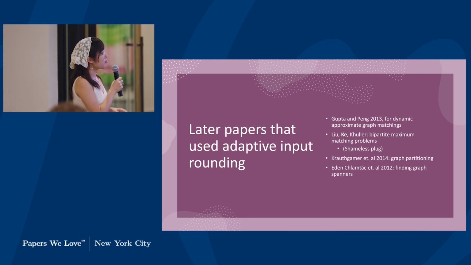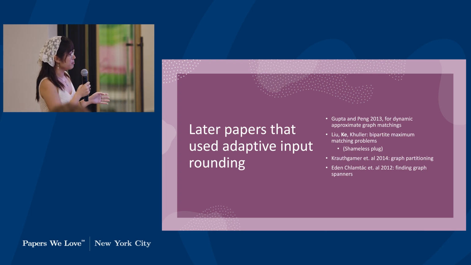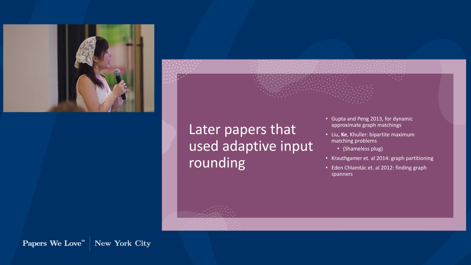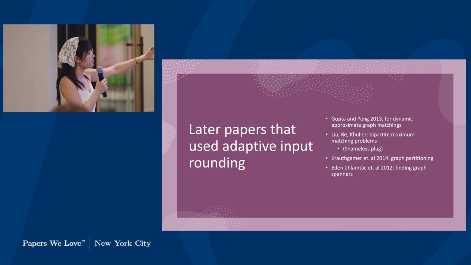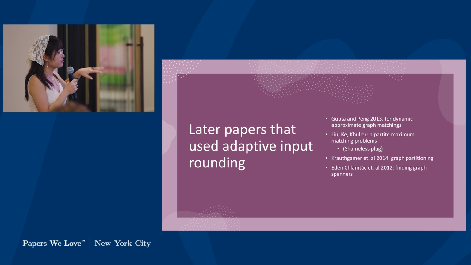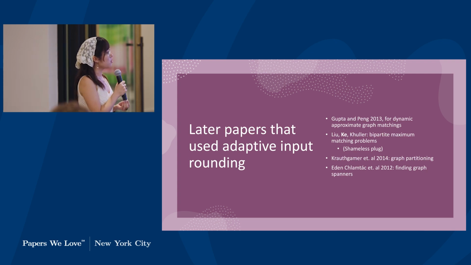And one of my papers also used it, for bipartite maximum matching. These later two papers are also graph problem papers. One is for graph partitioning, meaning you want to partition the nodes of a graph for various objectives. And the last one is for finding graph spanners.